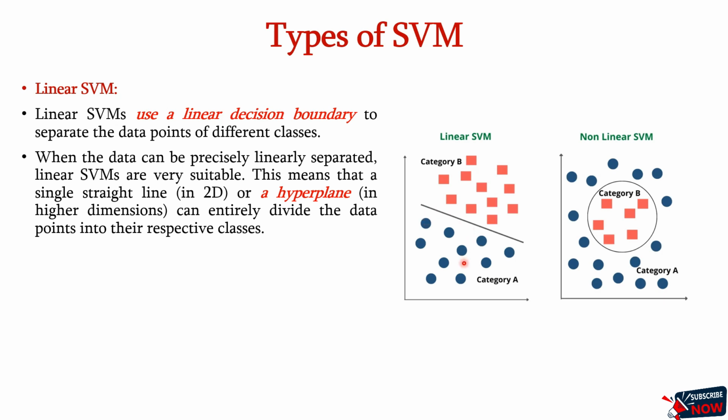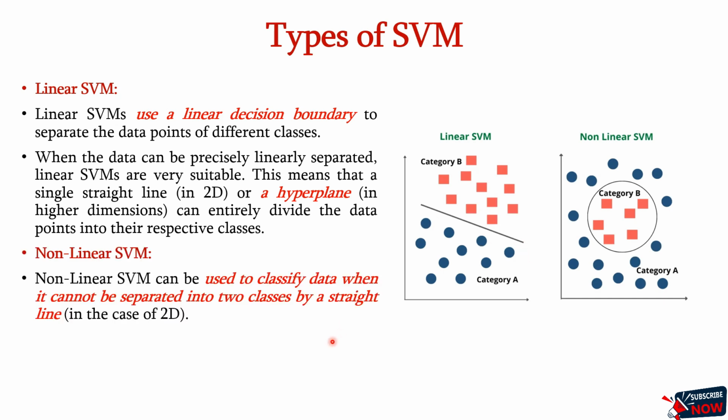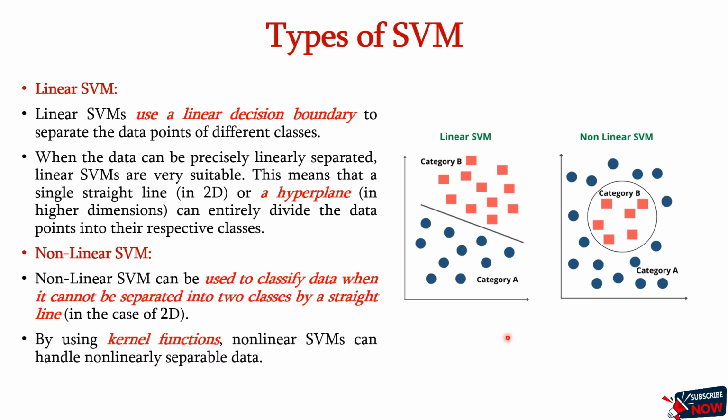Here we can clearly separate the blue points and red points with this line. But in non-linear SVM, we cannot separate the two categories by using the straight line. So in this case, we can use the kernel functions to handle the non-linearly separable data. So thus in this lecture, we have seen about what is SVM, the math behind the SVM and types of SVM.